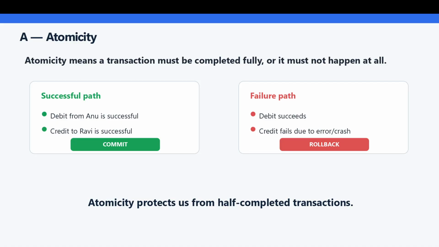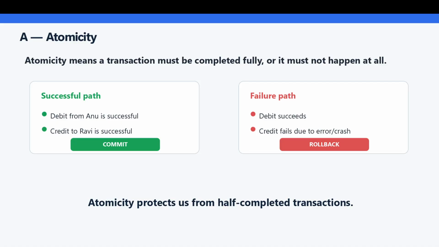But let us assume that the amount is deducted from Anu's account and, before crediting Ravi's account, a server error occurs. Should the database leave the transaction in that condition? No, right? So the database should reverse the changes made by the failed transaction.